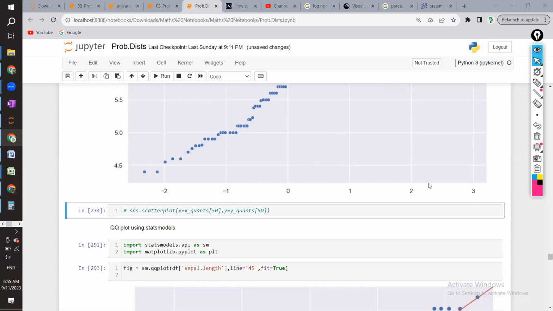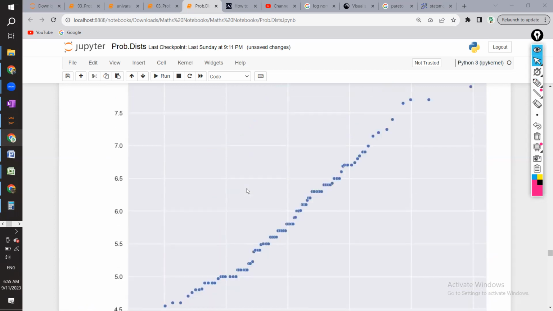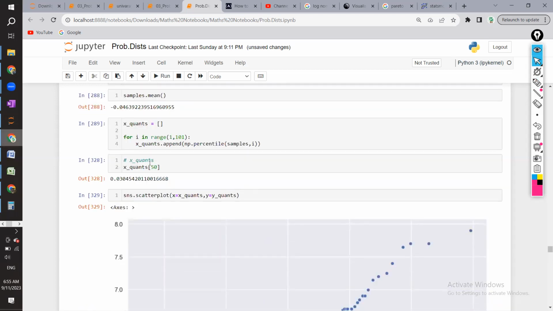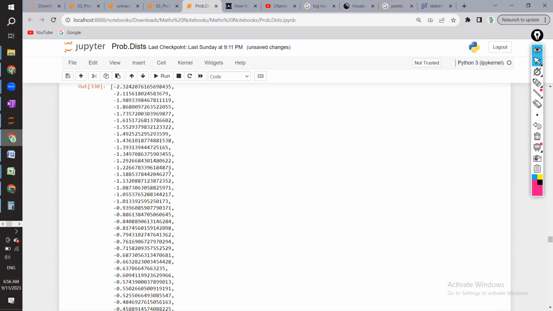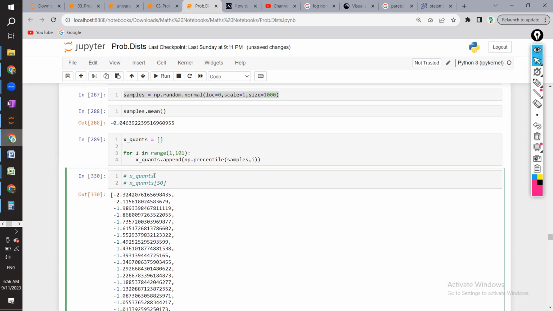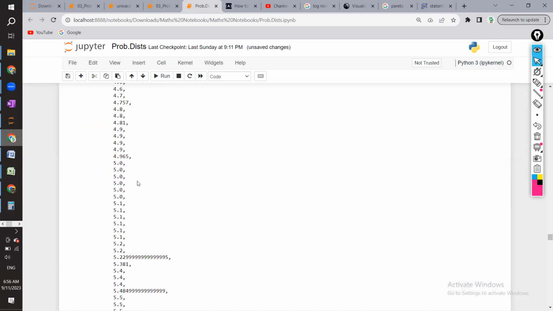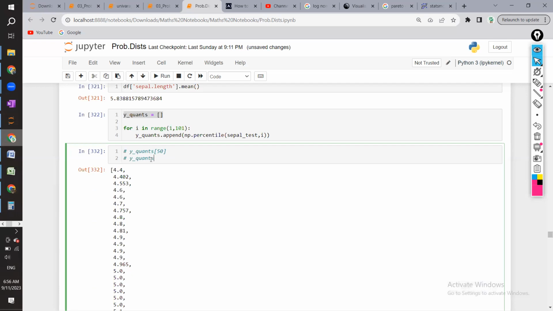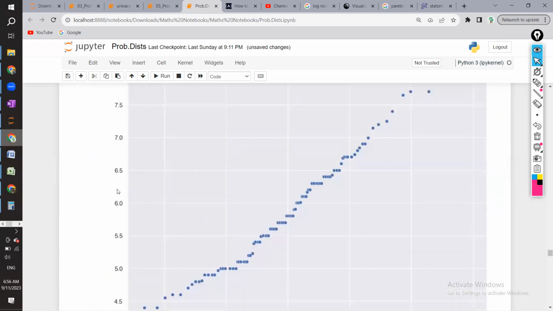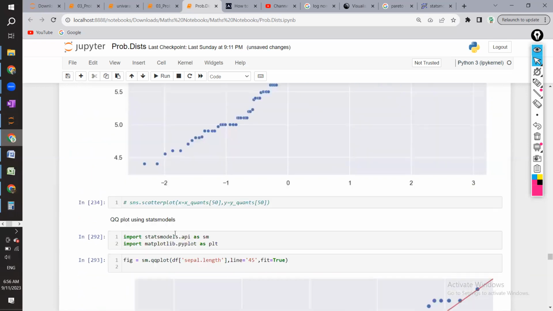What are these values? These are from the x cons. If you see the x cons, these are in the range of -2, -1, something like that. And if you see, the y cons has values like -4, some integer values. So that's why you can see y cons is plotted over here and x cons is plotted over here.